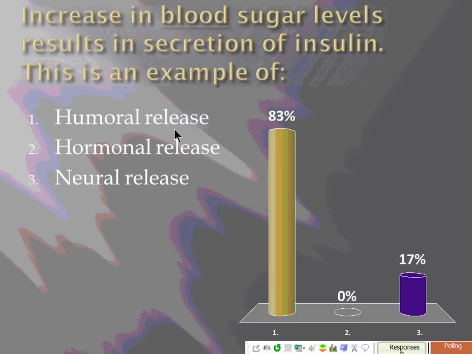Remember, humoral has something to do with blood, because blood was a humor. So humoral, see, blood sugar levels is the stimulus. Wherever you see the word blood and something, blood calcium or serum calcium or blood sugar or serum sugar, it always is humoral release, okay? Not neural. There was no nervous system involved here.